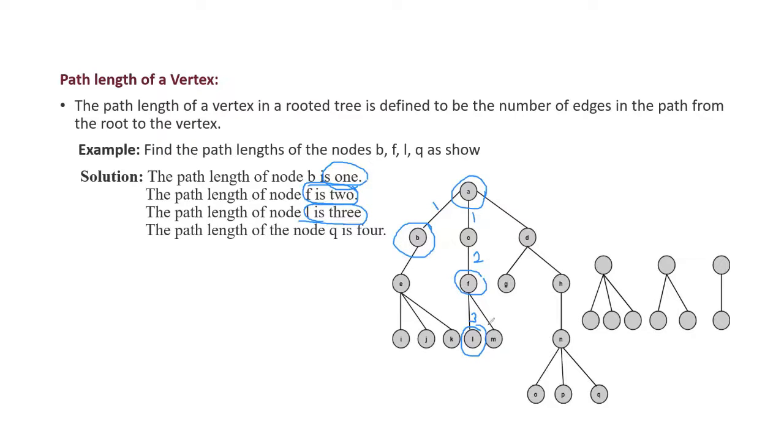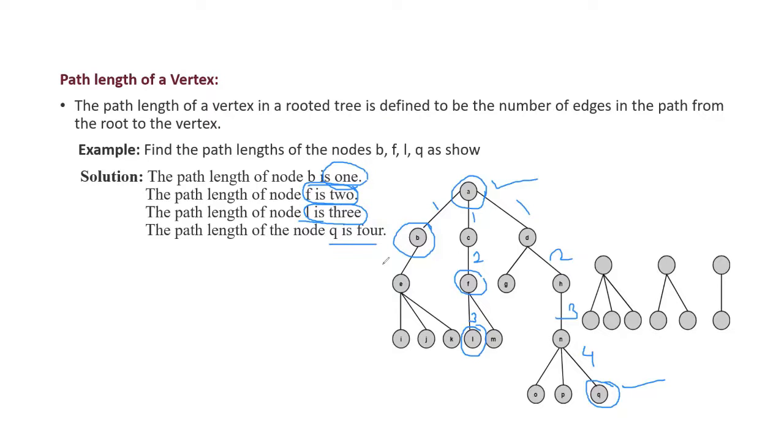Next, Q. The path length from root node A to this Q. You have to find the number of edges. So this is 1, 2, 3, and 4. So the number of edges is 4. So the path length of node Q is 4.